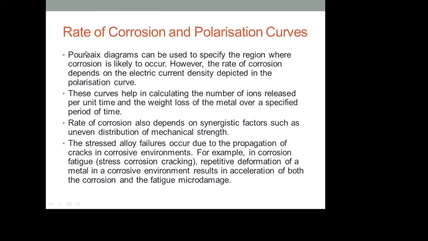For example, corrosion fatigue or repeated deformation of the metal in corrosive environment results in acceleration of both corrosion and fatigue micro damage, which means if there is a crack, then corrosion is very active around the site of the crack, and if this crack becomes larger with more mechanical deformation, the larger the crack, the more corrosion occurs, and it's like a positive feedback that is occurring.